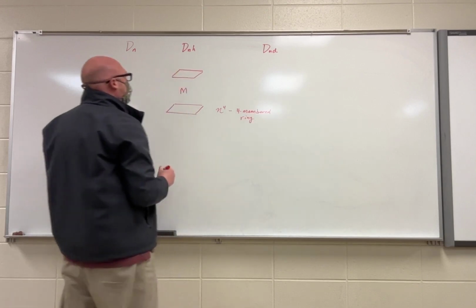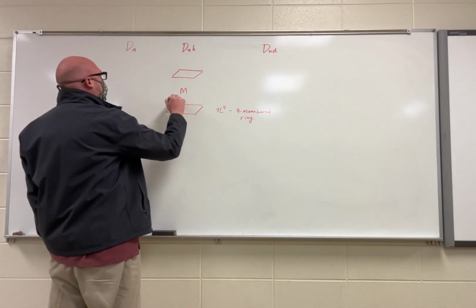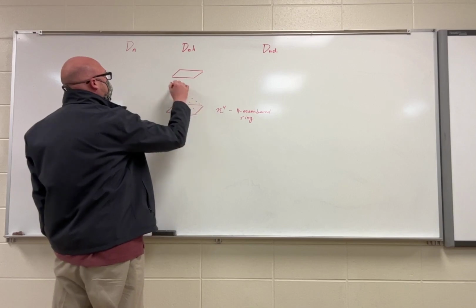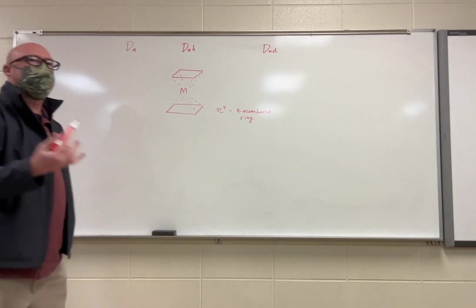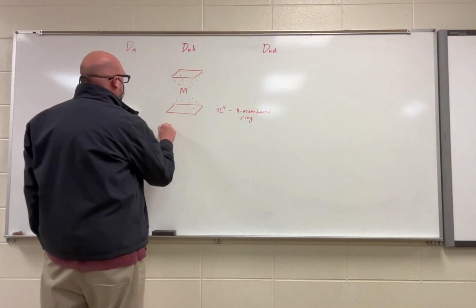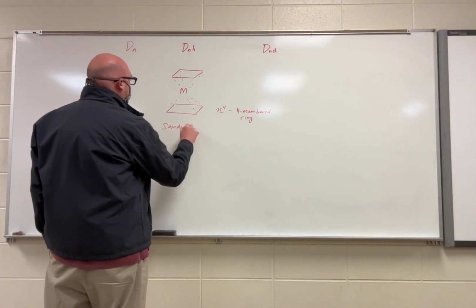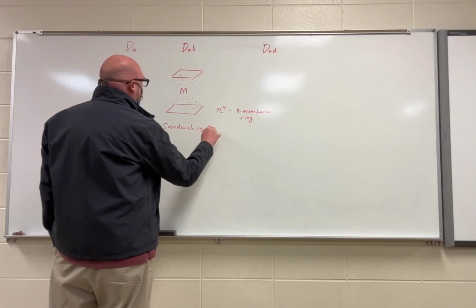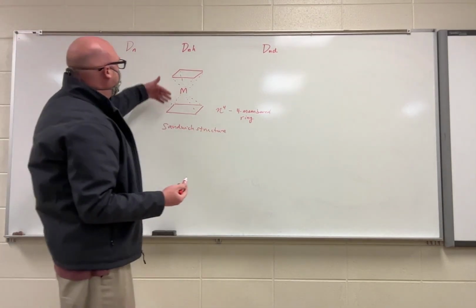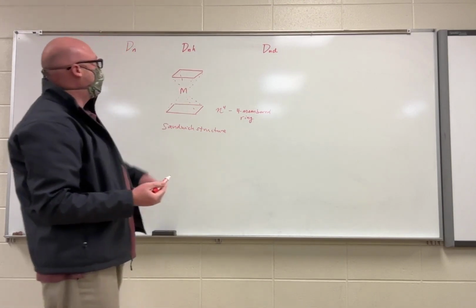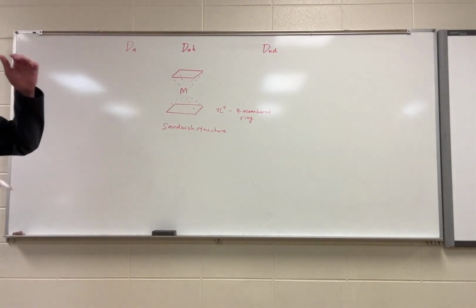Then if these are eta 4, we have simultaneous bonding to the atoms in the ring, so a sandwich structure. If we have such a sandwich structure, this would be a view in between the slices of bread, if you will.